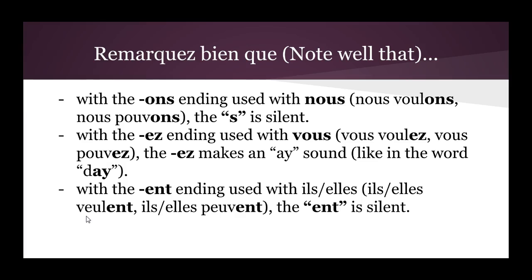Alors, souvenez-vous bien que la terminaison ENT est silencieuse. Remember well that the ENT ending for ils and elles, which is what we call the third person plural ending, is silent, okay?